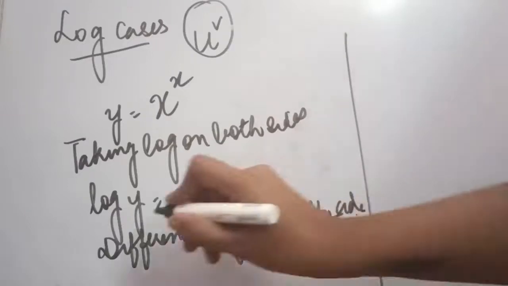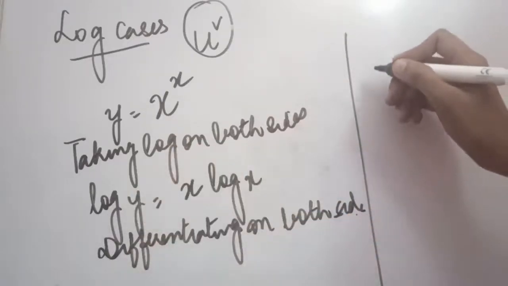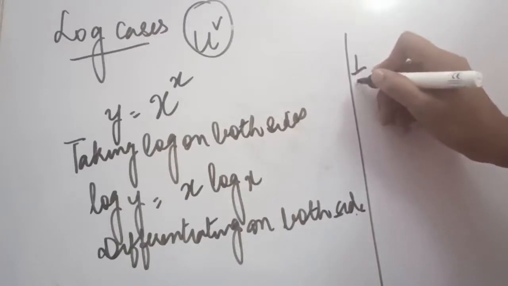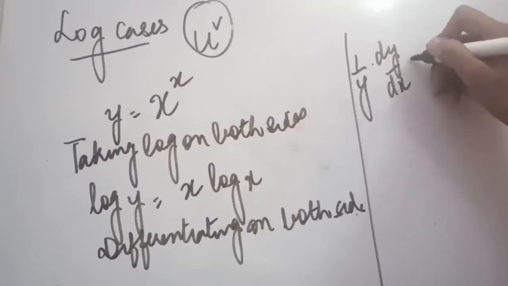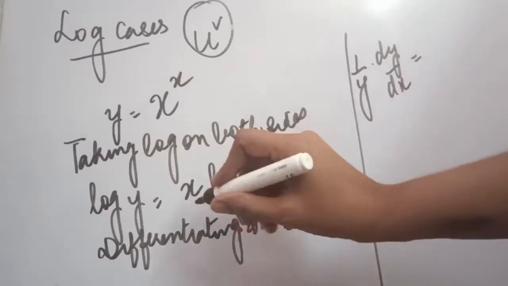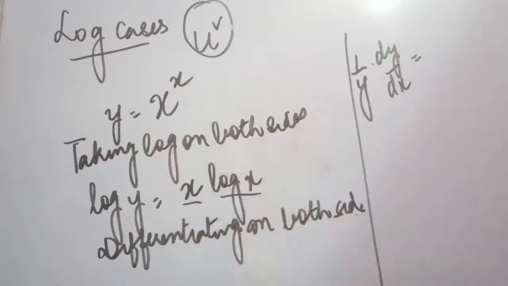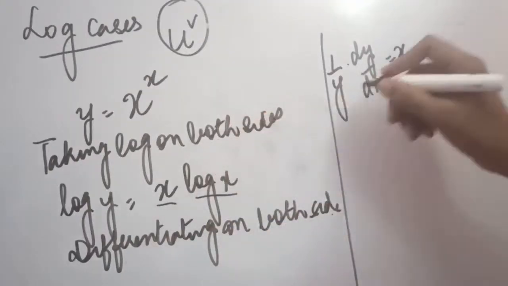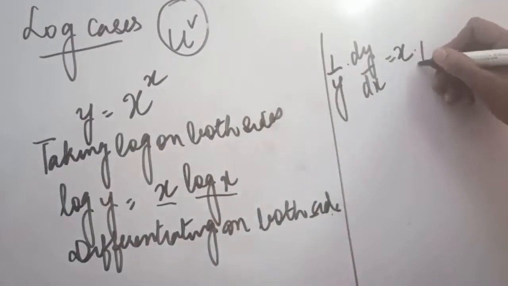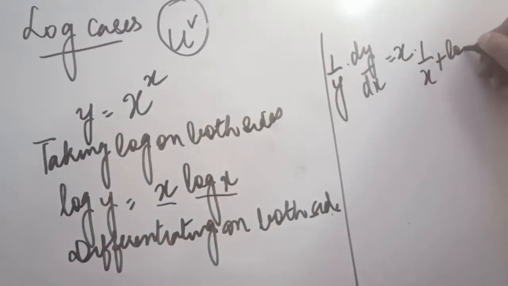Now if you take differentiation on the left hand side, log y's differentiation is 1 upon y into dy upon dx. This we have done in the previous questions also. On the right hand side you can see there is the uv principle. So it will be x log x, and the differentiation of log x is 1 upon x, plus log x, the differentiation of x will be 1.